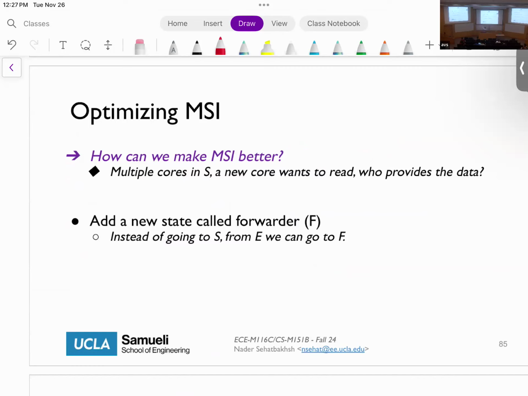So how do we do the forwarding? Forwarding usually is coupled with E, the exclusiveness, because for forwarding, you need to know the notion of being the only one. So the way it works is that you start from I, you go to M or E, the first core that has that data. It has to be exclusive.